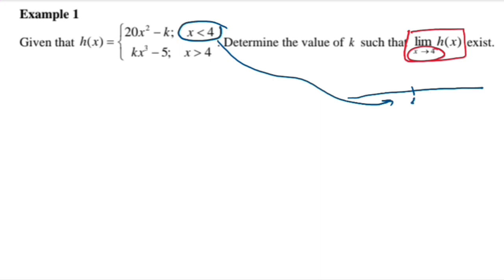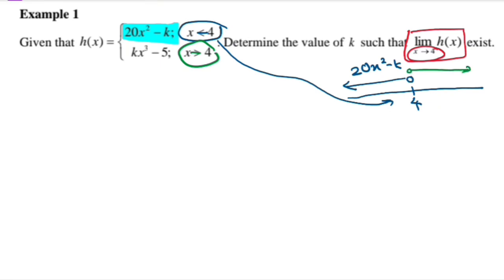So we start at the value 4, and this means to the left of 4, so there's no equal sign there, that's why it's an empty circle, and to the left of 4, write down the function and then do the same thing for x greater than 4. This is going to the right of 4, empty circle, and write down the function.